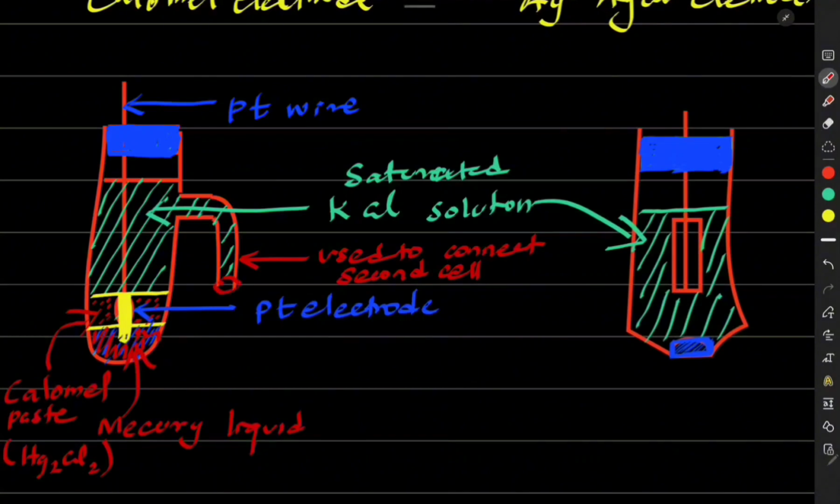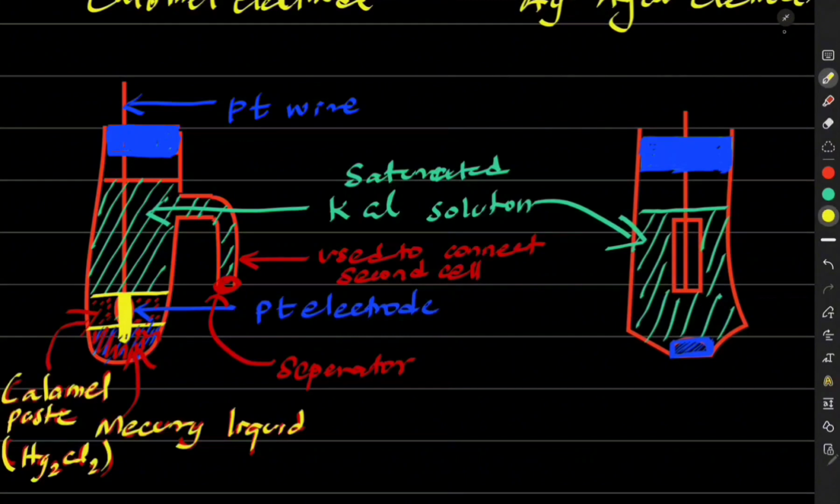And the tip of the part is called the separator. This is calomel paste and this is mercury liquid and this is the separator. The separator is used to connect the second cell, and the solution of the calomel electrode and the AgCl electrode is saturated KCl solution.